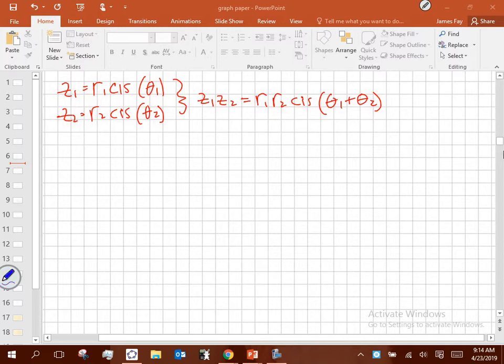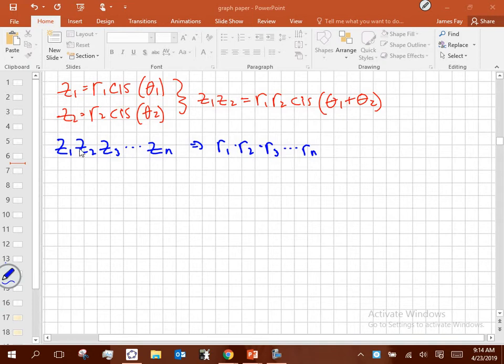If I have, let's just say, z1, z2, z3, all the way to z sub n, if I find that product, what that will end up looking like is r1 times r2 times r3 times all the r's that you have for all your complex numbers within this product.